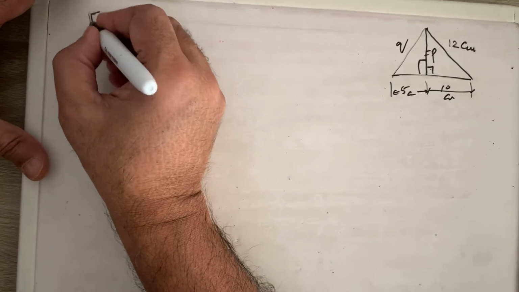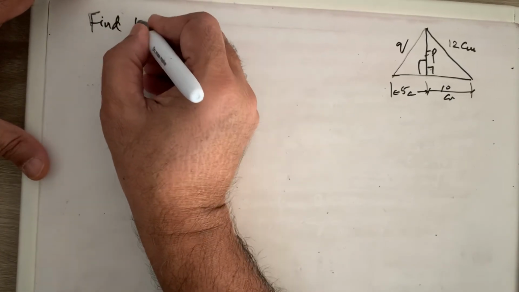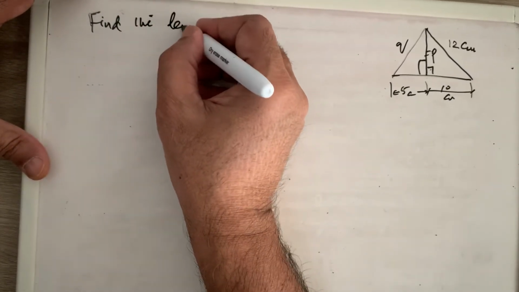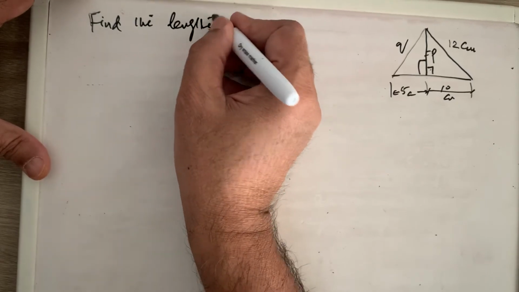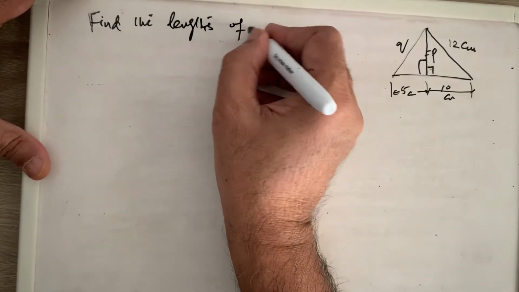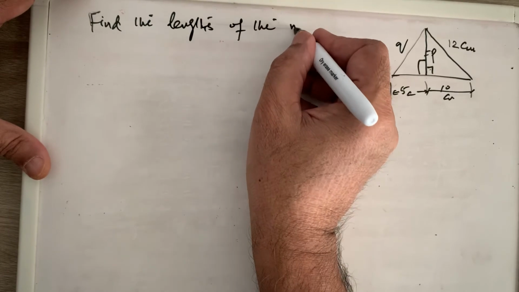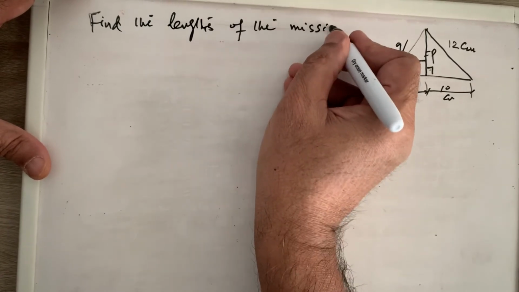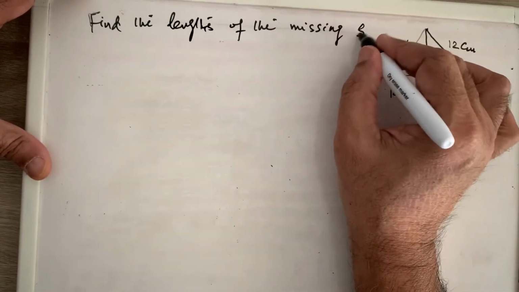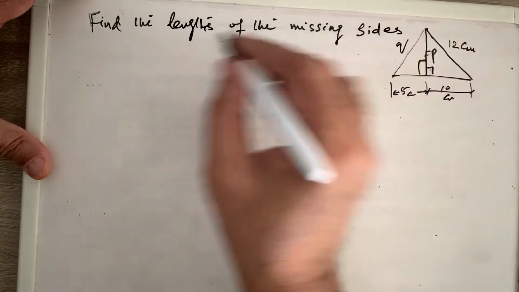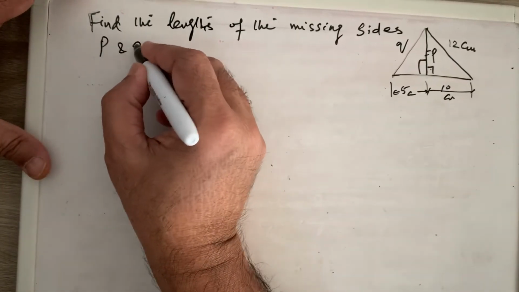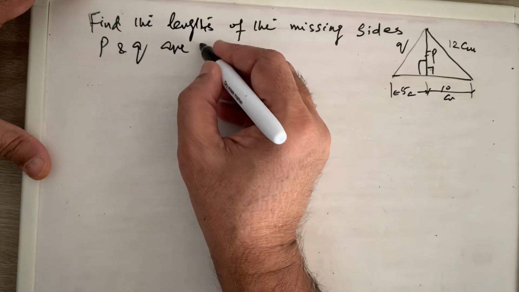So what is the question this time? Find the length of the missing sides. So here P and Q are unknown.